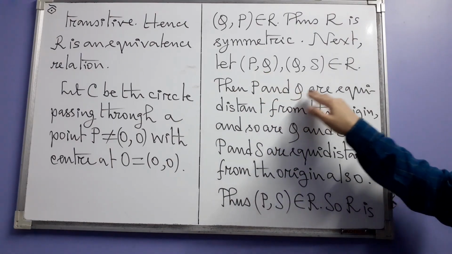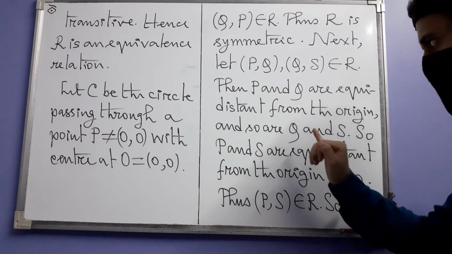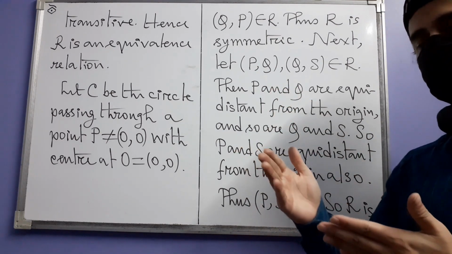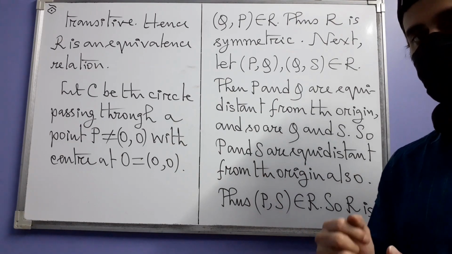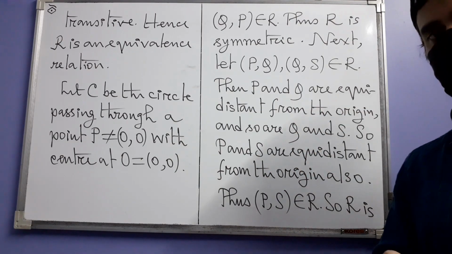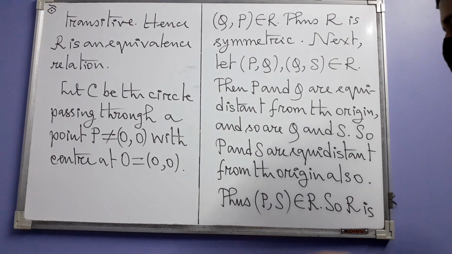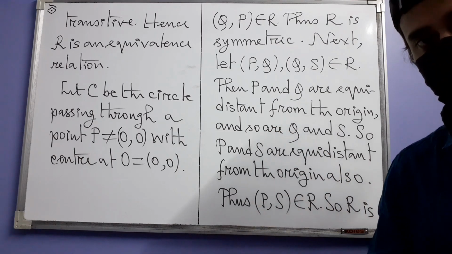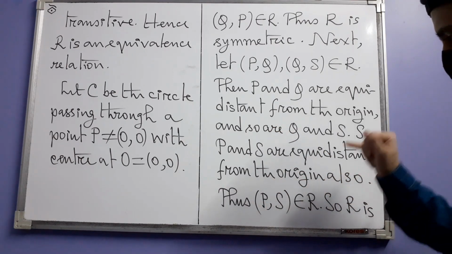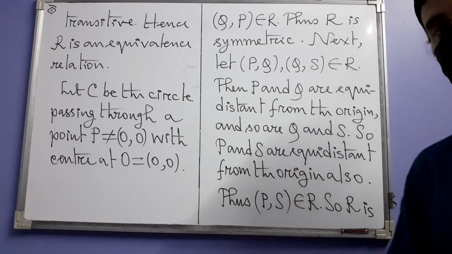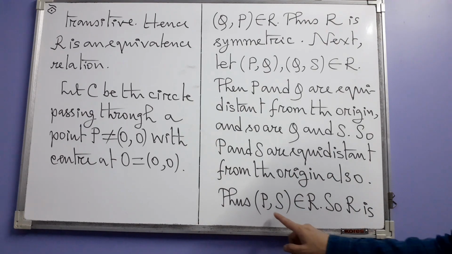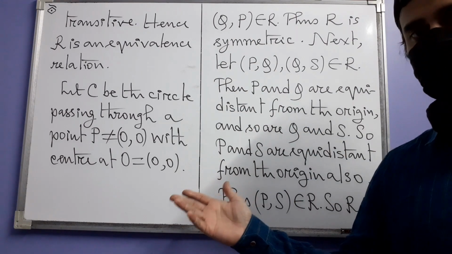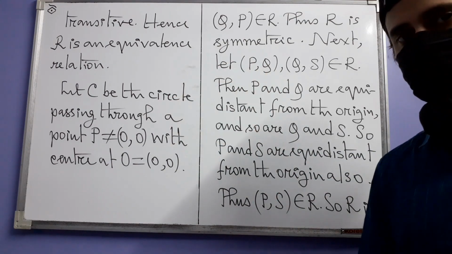But then P and Q are equidistant from the origin, and so are Q and S. That means the distances of P and Q from the origin are the same, and the distances of Q and S from the origin are also the same. But then obviously the distance of P from the origin should be equal to the distance of S from the origin. So P and S will also be equidistant from the origin, and that is why (P, S) belongs to R. So this makes R transitive. So being reflexive, symmetric and transitive, R is an equivalence relation.